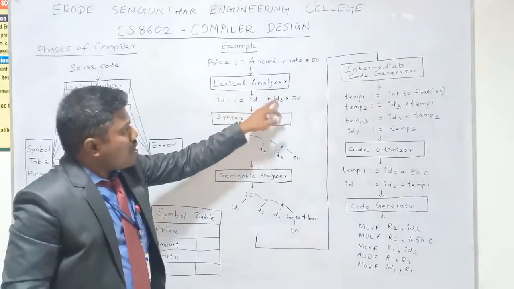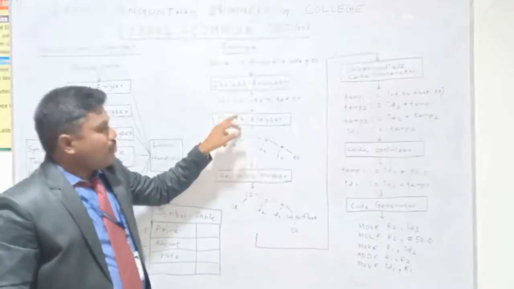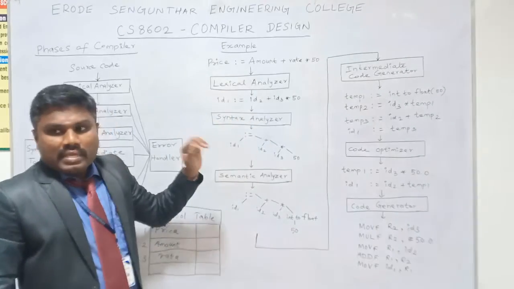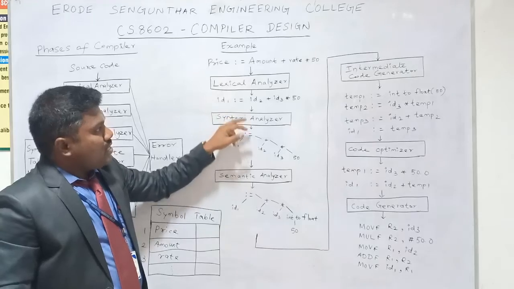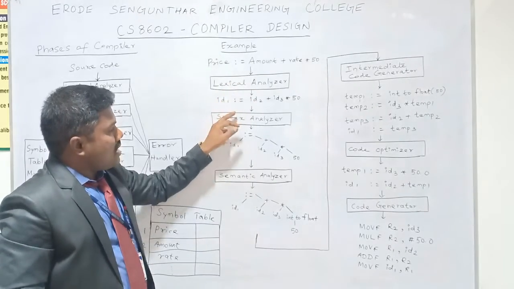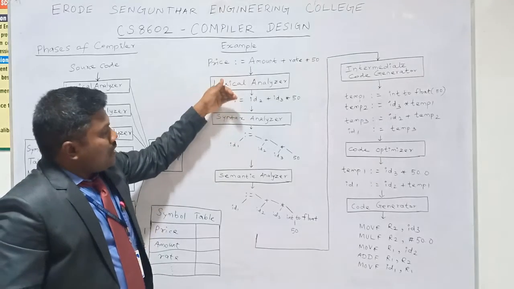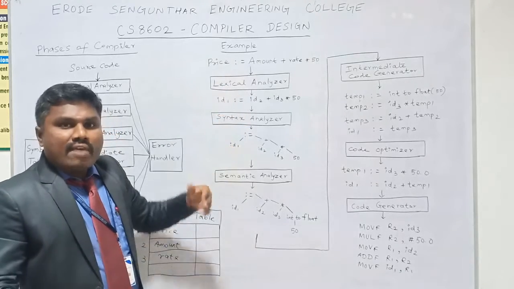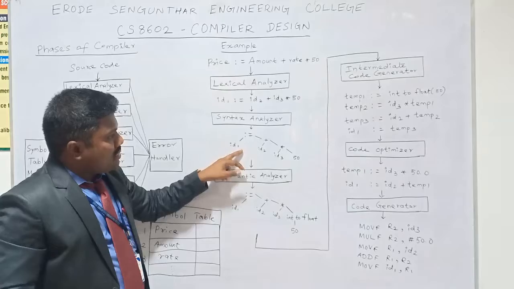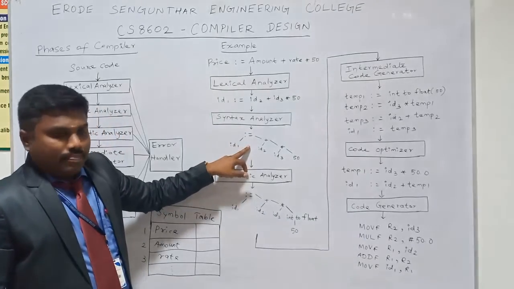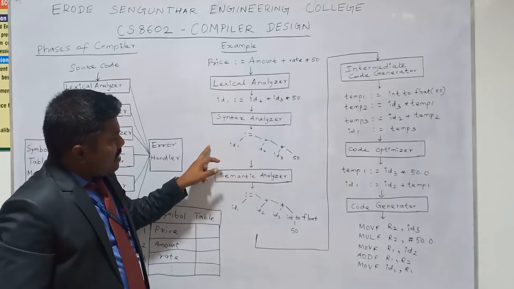These tokens we are giving as an input to syntax analyzer. Syntax analyzer receives the tokens from lexical analyzer. If the received tokens are error free, it generates parse tree or syntax tree, like this.